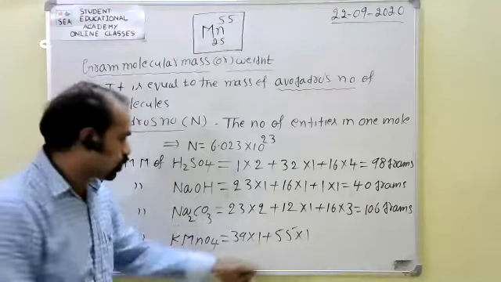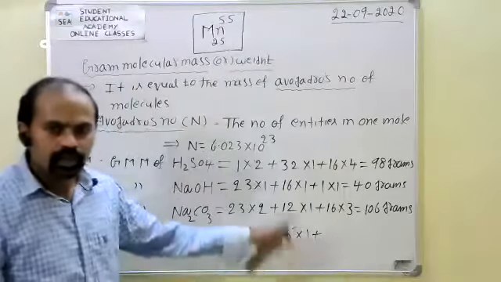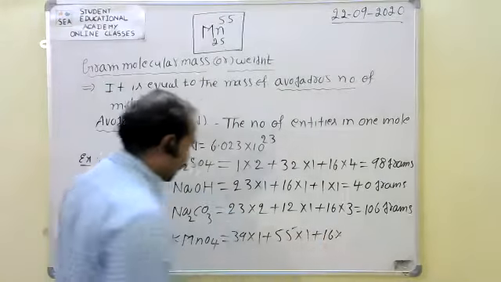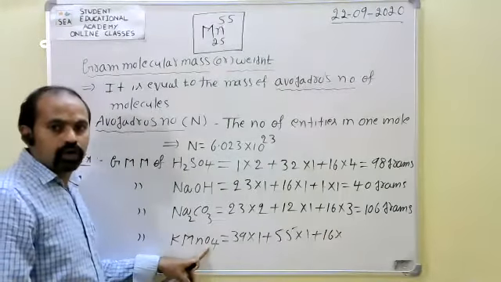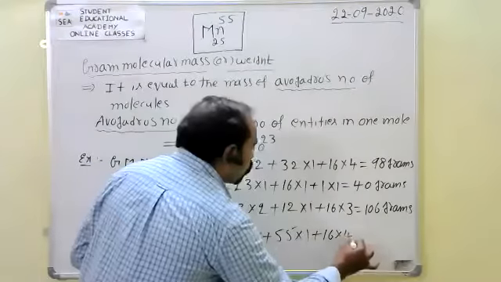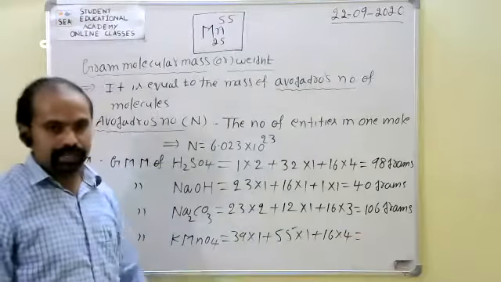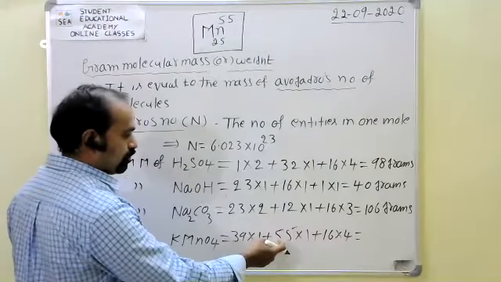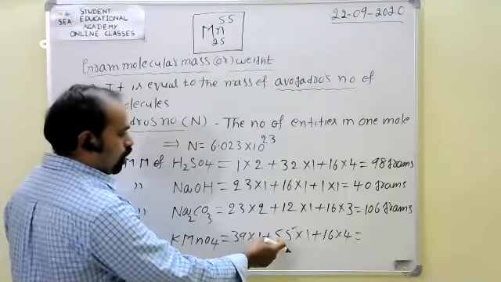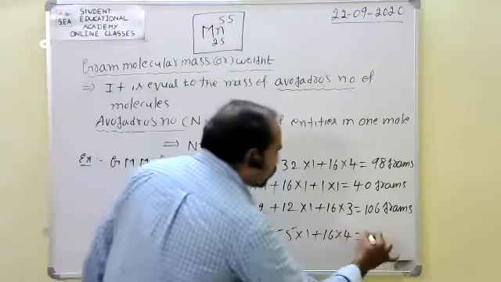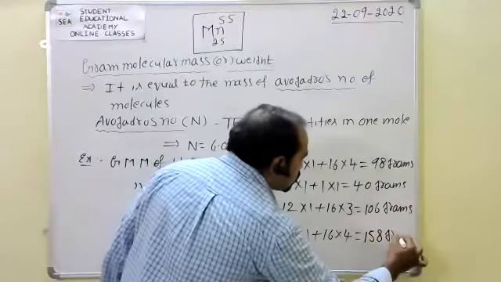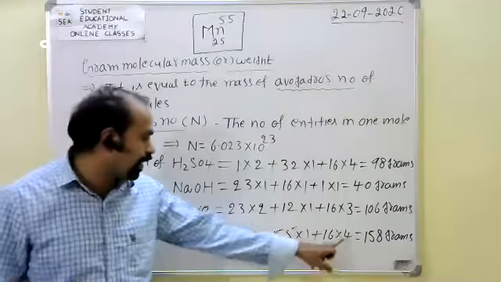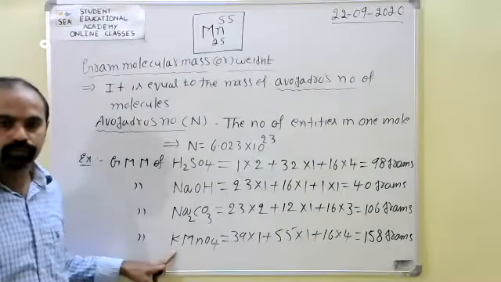Plus oxygen atomic mass 16 into the number of oxygen atoms, which is 4. That is the atomicity. So the total, 39 plus 55 and so on, is 158 grams. That is called the gram molecular mass of KMnO4.